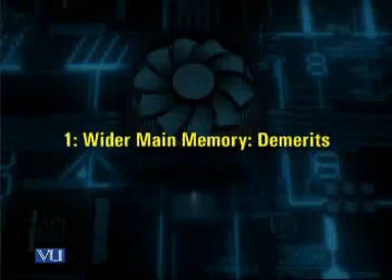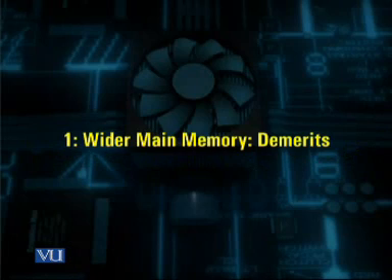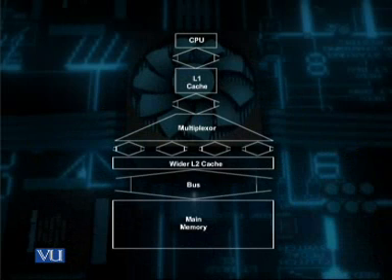Now let us see a few demerits of the wider main memory. As you can see from the organization of the memory diagram, the multiplexer is an extra cost for interconnection between the CPU and the memory.